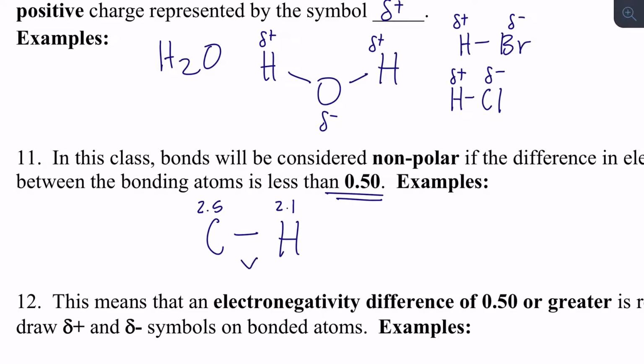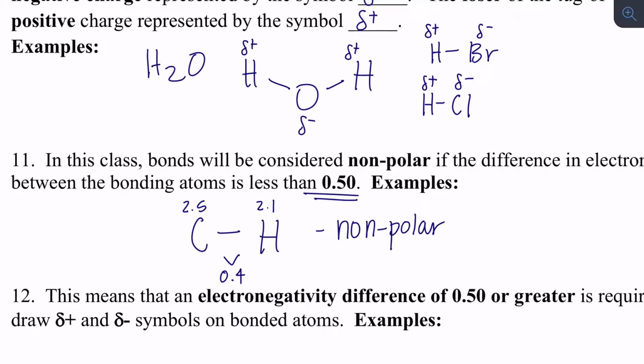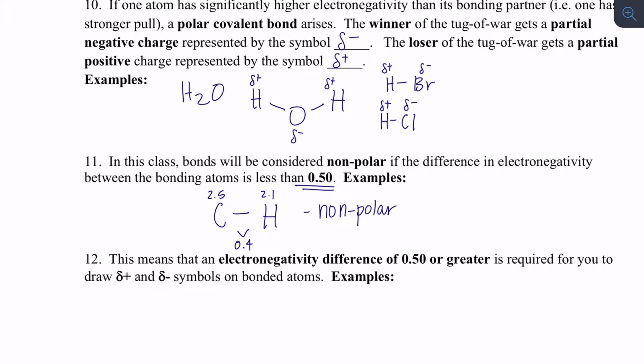The difference between them is 0.4, meaning it's going to be nonpolar. This means that electronegativity differences of 0.5 and greater require you to draw the delta plus and the delta minus.